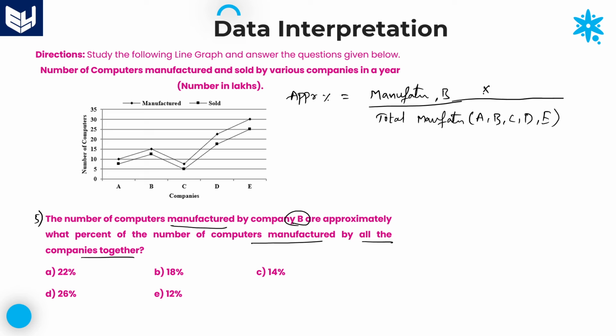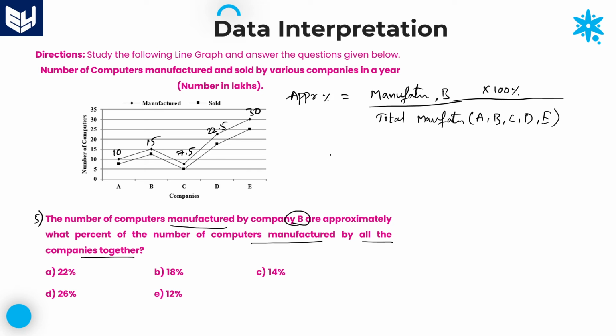And whenever you are calculating percentage, into 100, percentage symbol, that is the common point, right? So first write down all the manufacturing values from A to E. First value is 10, second value is 15, third value is between 5 and 10, which is 7.5, fourth value is between 20 and 25, that is 22.5, and fifth value is 30 lakhs.